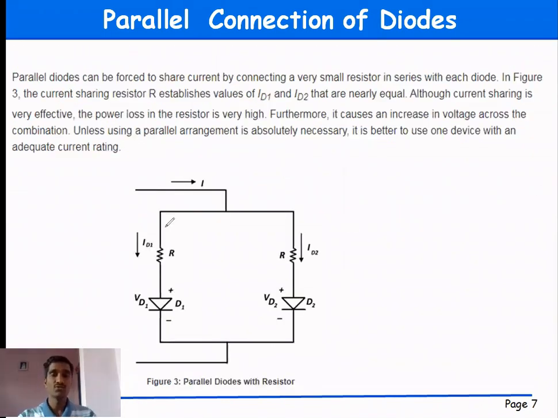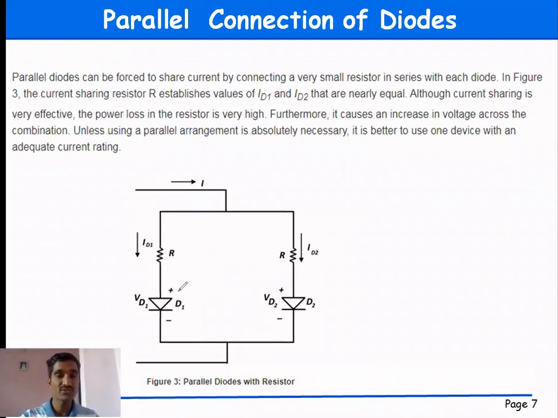Again this is the same example, only here we have put a resistance in series with the diodes. By putting the resistance in series with diode D1 and diode D2, we can handle an equal amount of current from each diode.